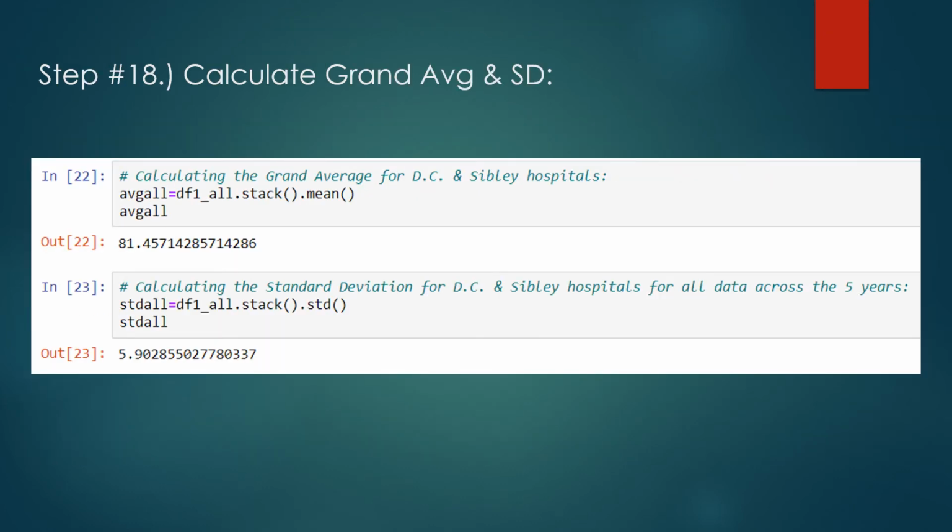We calculate the grand average and standard deviation. So grand average for DC and Sibley hospitals is 81, and the standard deviation for DC and Sibley hospitals for all the data across the 5 years is 5.9.